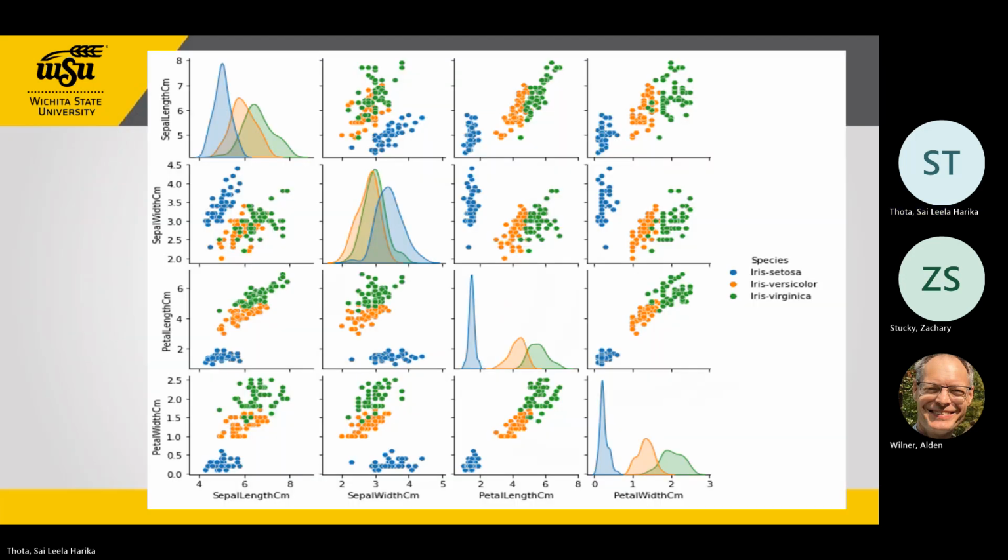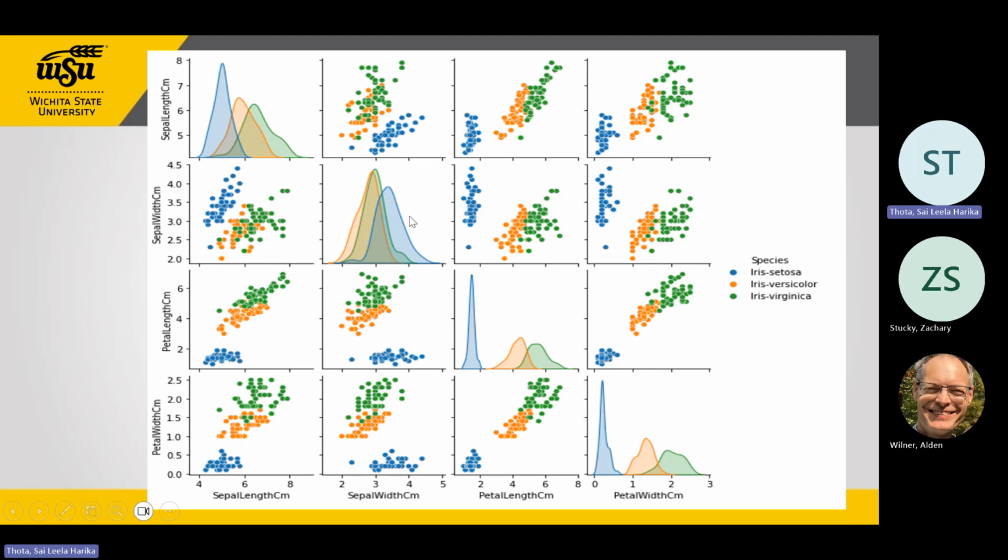And this is the pair plot. Pair plot, in simple terms, is a grid-like structure and it will explain the relationship between different variables of a species. For example, if you see Setosa, by seeing this plot, we can see how the Setosa sepal length is varying with respect to petal width and petal length, and sepal width and sepal length.